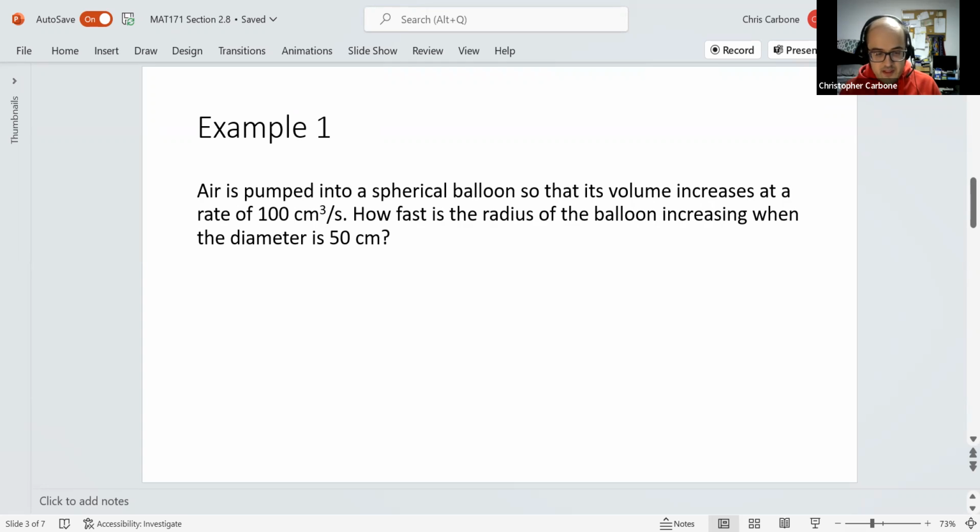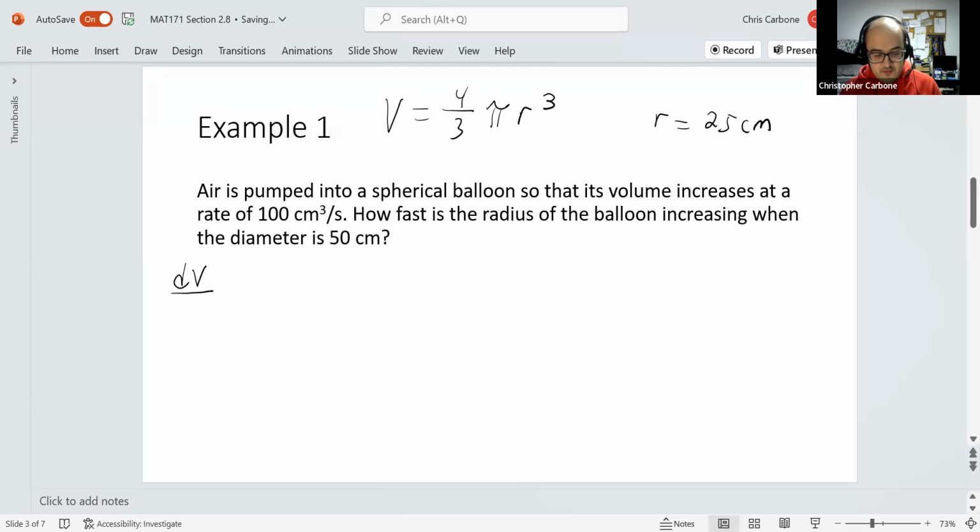The formula we need is the volume equals 4/3 times pi r cubed. Because the diameter is 50 centimeters, the radius we're going to use is 25, half of that.